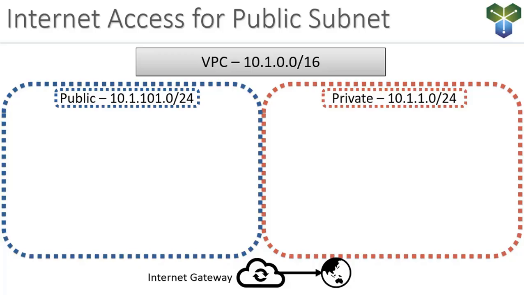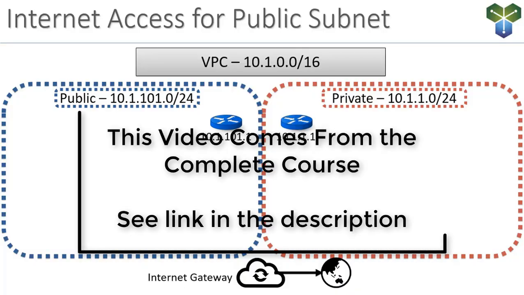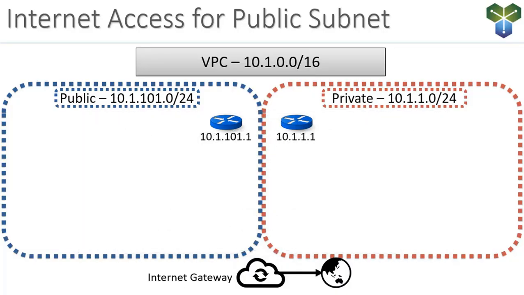so that my instances can have internet access, I've also got a router for each of those subnets. And each of these subnets has a unique route table. So right now, I've created a route table for my public subnet that has that local route for my VPC.